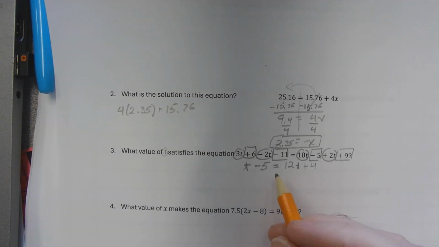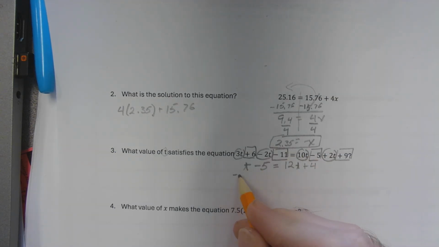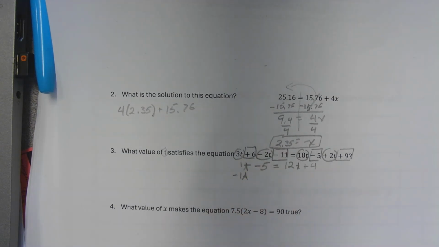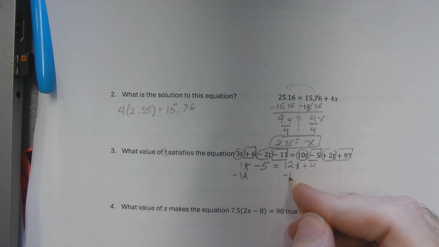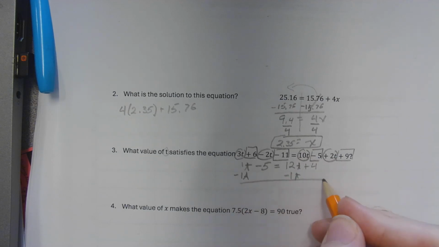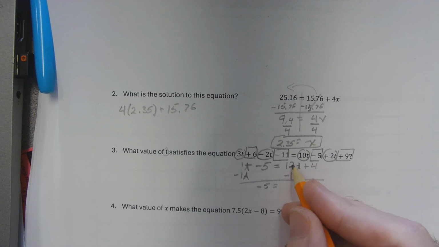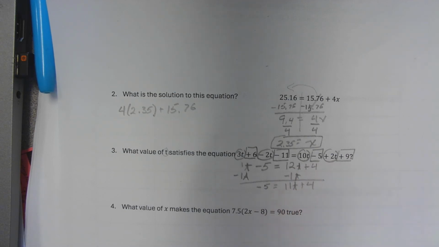And so now we bring all the t's to one side and all the constants to the other. So I'm going to subtract 1t. Since there's no number in front of it, we assume it's a 1. So 1t minus 1t. And so I get negative 5 equals 12 minus 1 is 11, t plus 4.